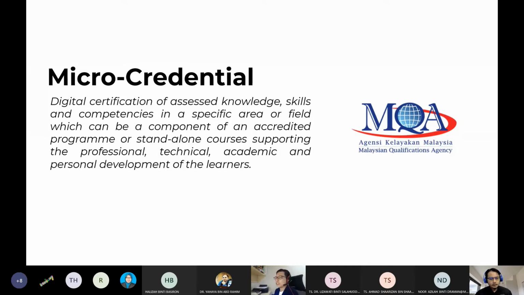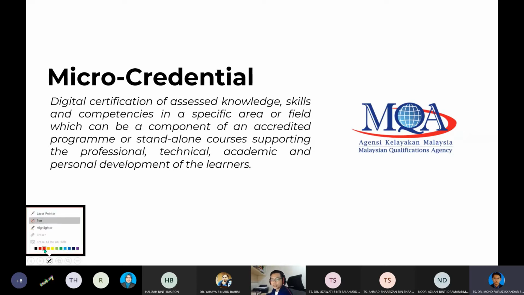The best way to introduce this is to take the definition from MQA on micro-credentials. You will find a lot of definitions from Europe, India, the US, and Canada, but this is what we have here.